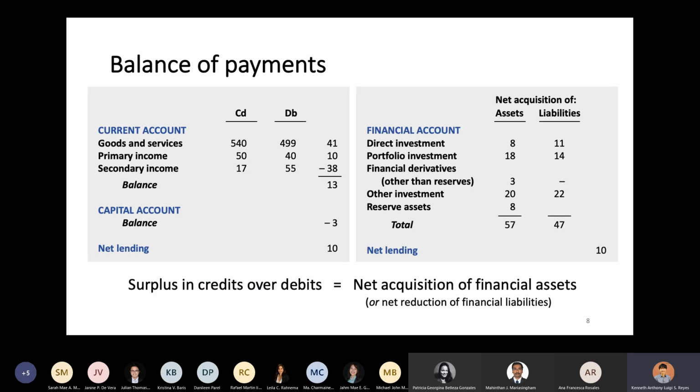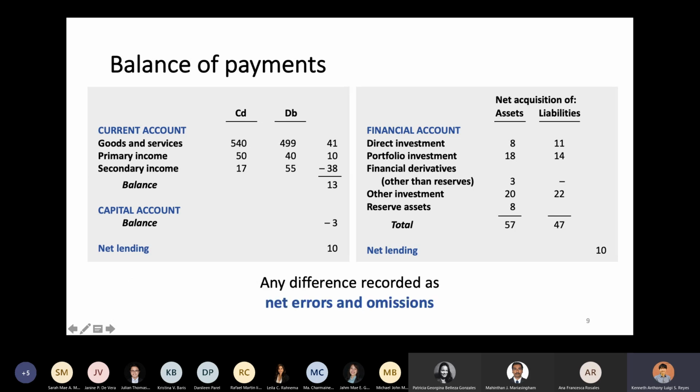As the name suggests, these two must balance. That is, the surplus in credits over debits for the current and the capital account must equal the net acquisition of financial assets in the financial account. So if you subtract the two, you should get zero. If you don't get zero, that counts as net errors and omissions, a statistical discrepancy, in other words.